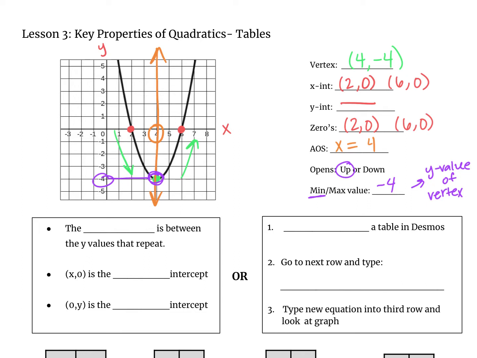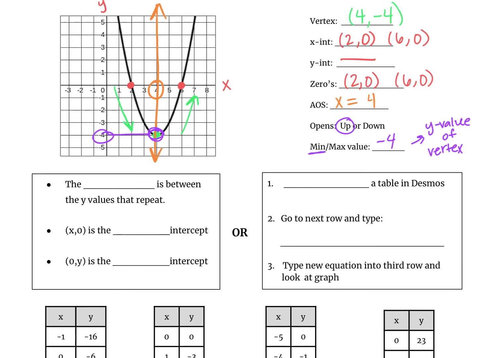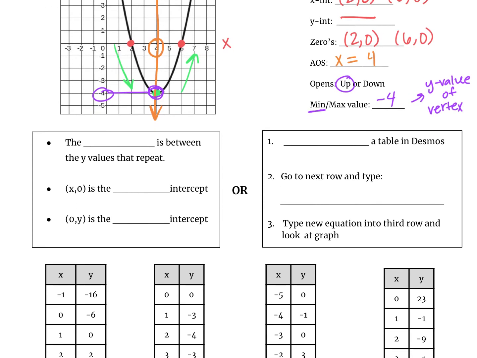And so now we're going to look at tables and see how we can also find these same properties. There are two different ways we're going to be looking at how to find the key properties of tables. So the first way is we are going to find the repeating y values.